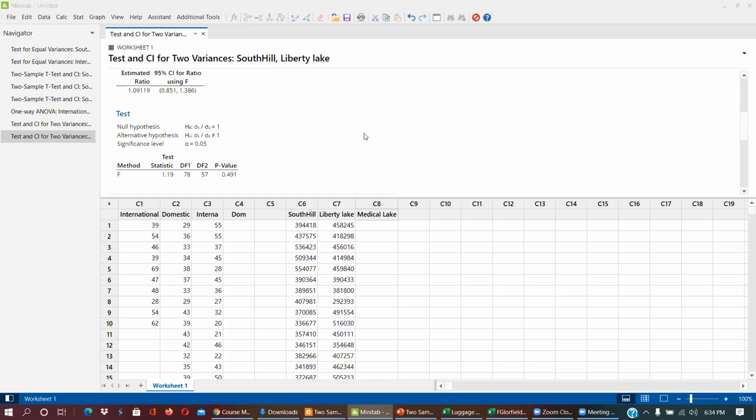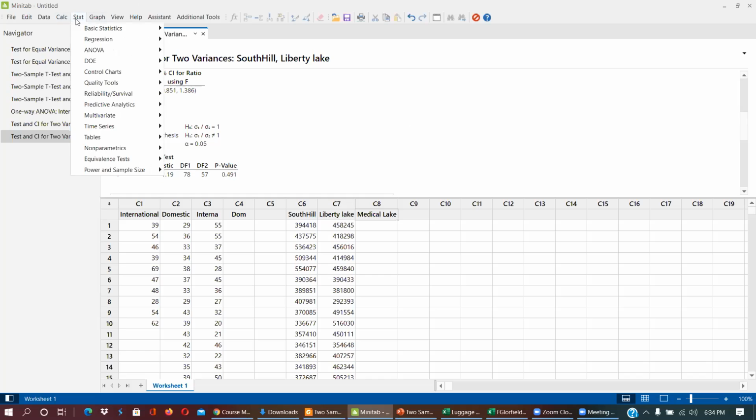Similarly, you can do it for proportion. I don't have the data about proportion here, but you can simply do the proportion using statistics.